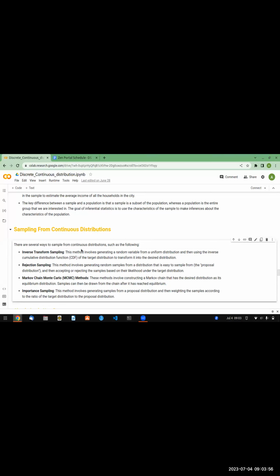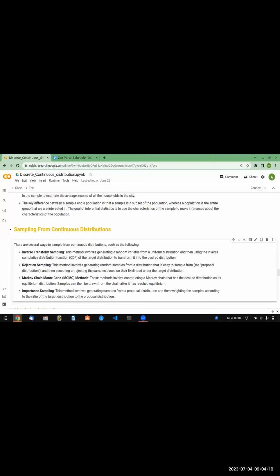Now the concern is that if you have a population data that we can't use that much data, so we'll take samples, and the samples should look similar to the original population data. That should be our aim here, so that we can infer from that sample and take meaningful insights from them.